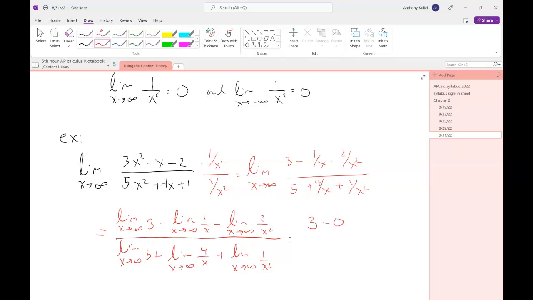And the limit as x approaches infinity of 2 over x squared is just 0. And the limit as x approaches infinity of 5 is 5. The limit as x approaches infinity of 4 over x is 0. Then the limit as x approaches infinity of 1 over x squared is 0, so it just turns into 3/5.